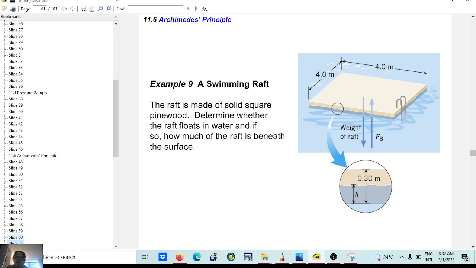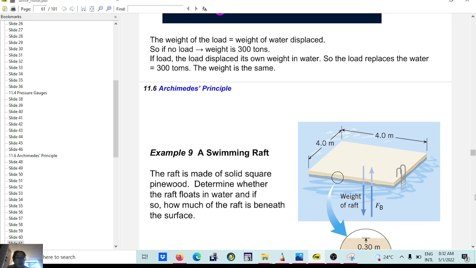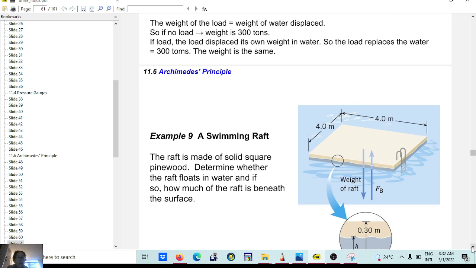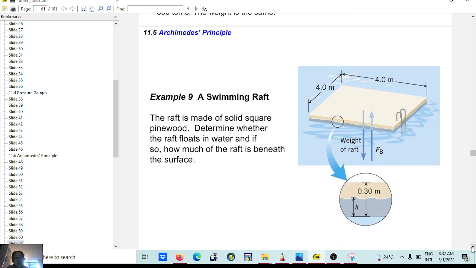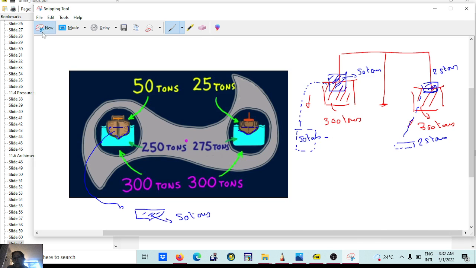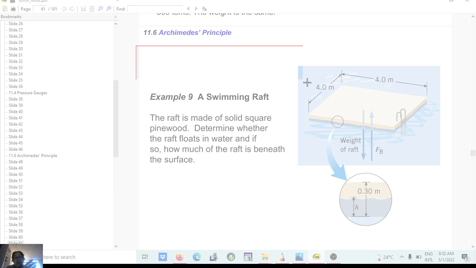Okay, let's do something that we have to memorize. So remember, we memorized already one equation with the ratio. The buoyant force equals the weight of the object times the ratio between the two densities. So we did that last time.